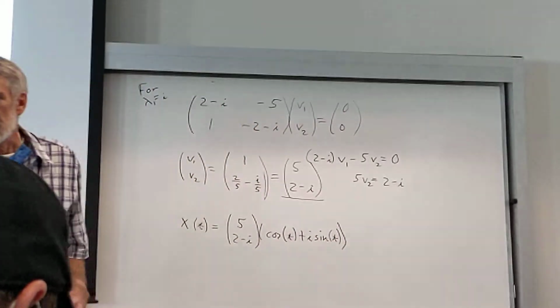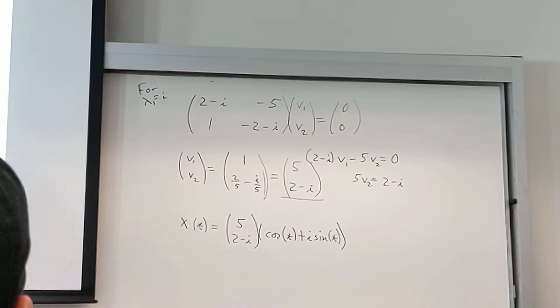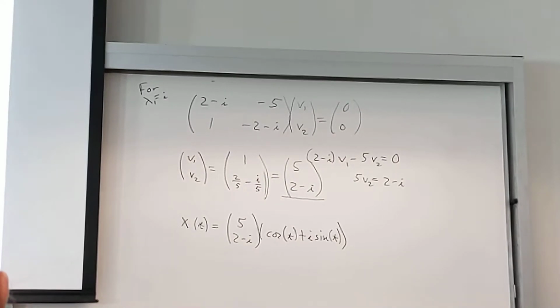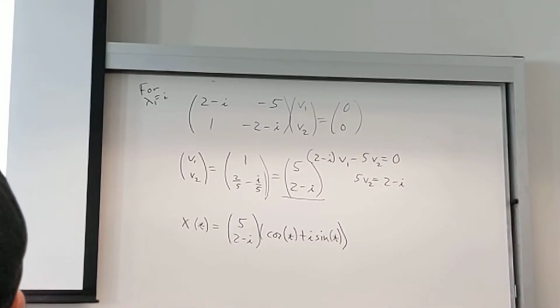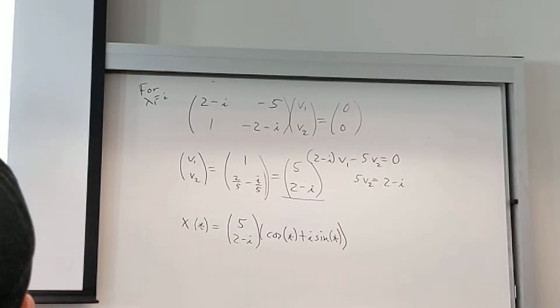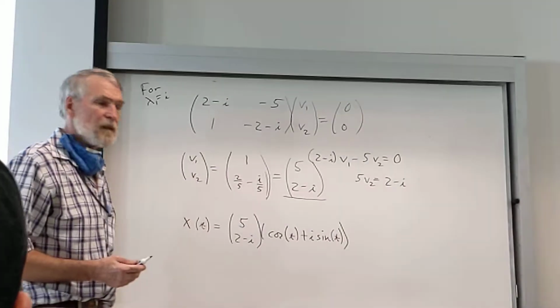By the way, this is one of the challenging things on the exam: each of you will come up with different eigenvectors, and I have to make sure each of yours are the right ones. As you can see, the notes have one, and this one has a different one.